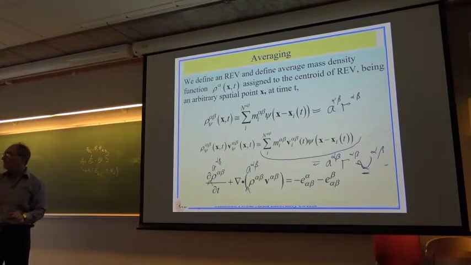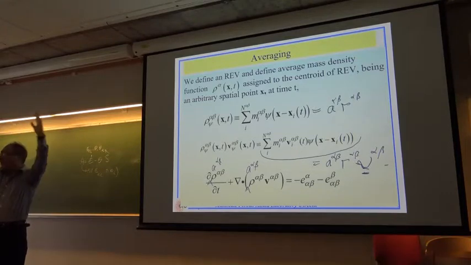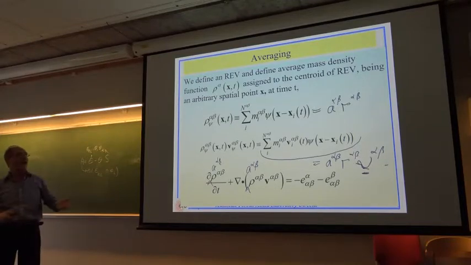At any mathematical point, I have an REV, and within that REV, I identify all these alpha beta particles, and I sum all of them. So I'm not developing a Gibbsian notion of interface, where it says, okay, here is alpha phase, there is beta phase, and that's the interface. I have alpha phase everywhere, beta phase everywhere, alpha beta interface everywhere.